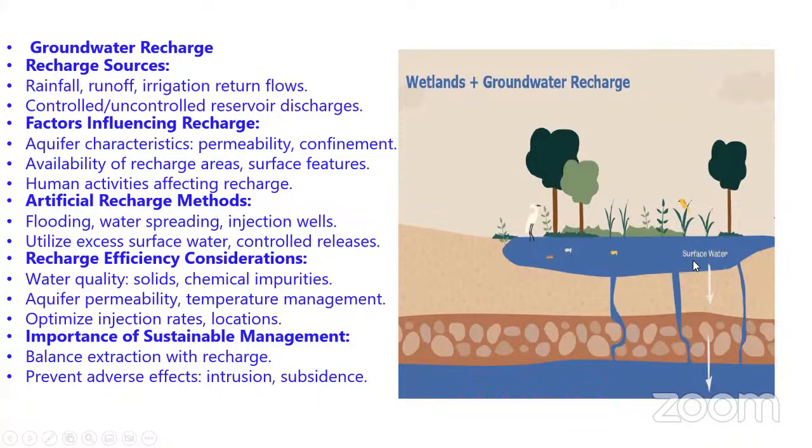From the lake, groundwater is recharging here, from the subsurface or unconfined aquifer to the confined aquifer, into the pore spaces. This is the groundwater table or saturated zone. By seeing this image, try to remember the different types of recharge factors.